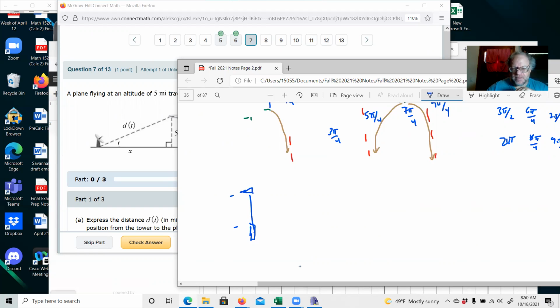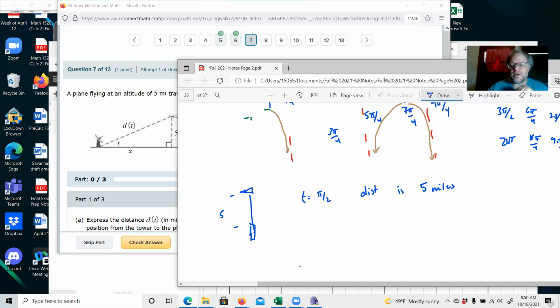This is going to be 5 miles. Okay, so at our 5 mile, it's directly over, right? When t, our angle t equals 90 degrees, equals pi over 2. Okay, our distance is 5 miles. All right.